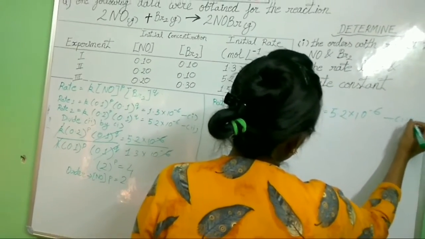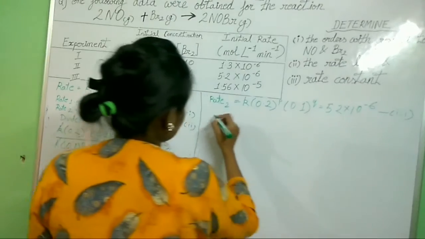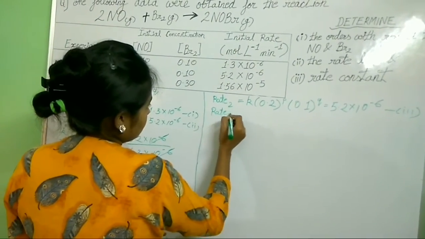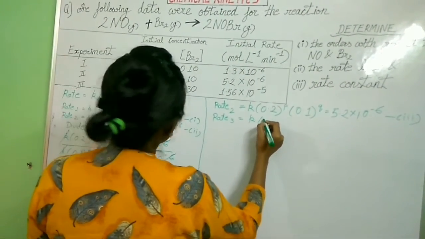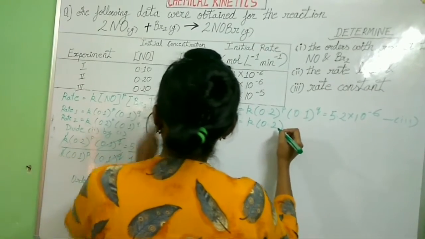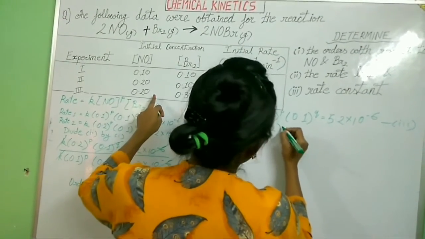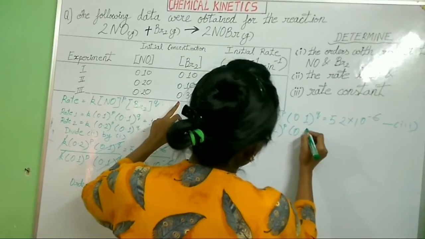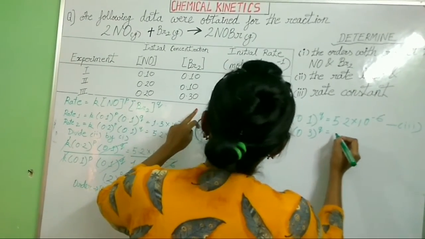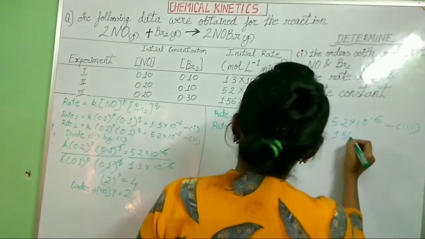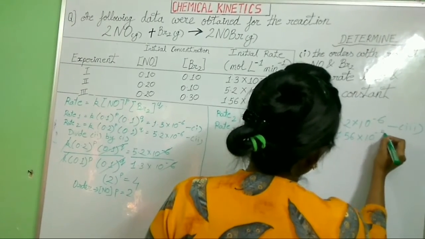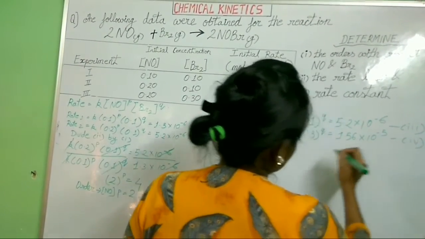Let it be equation 3. And rate 3 will be K[0.2]^P[0.3]^Q equal to 1.56 into 10 to the power minus 5. Let it be equation 4.